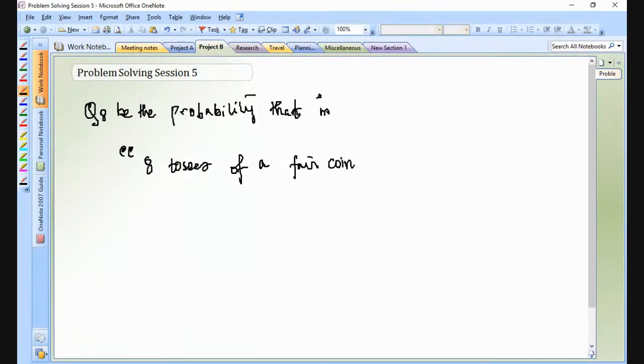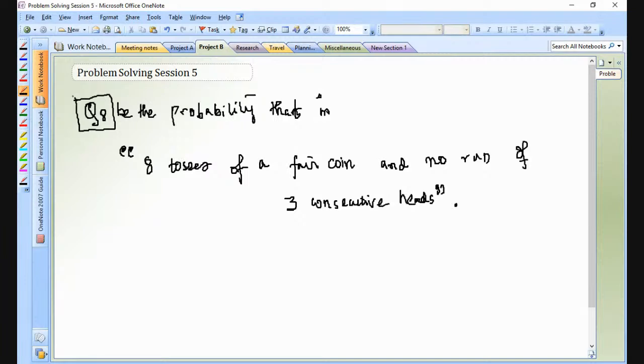So you're tossing a fair coin 8 times. The question is, what is this Q8? That in 8 tosses of a fair coin, there will be no run of 3 consecutive heads.